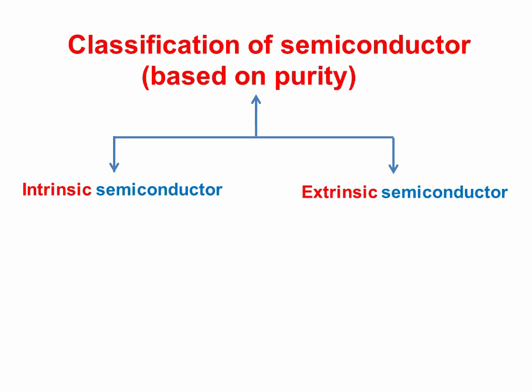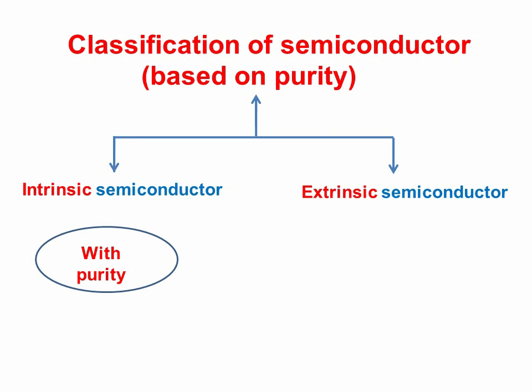Next, let us see the classification of semiconductor. So, based on purity, the semiconductor can be classified into two. The first one is intrinsic semiconductor, the second one is extrinsic semiconductor. Intrinsic semiconductor is nothing but the semiconductor in the pure form, that is called intrinsic semiconductor.